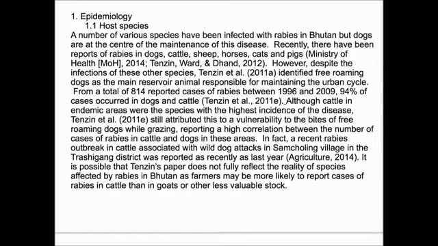So you will recognise this paragraph from the ideas that we introduced in the previous session on skeleton planning. So this is the first paragraph of the first section, on epidemiology, host species. How is this paragraph organised?